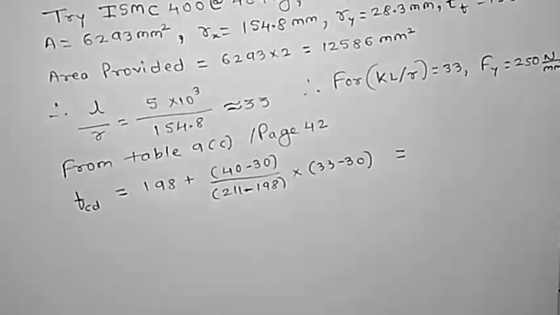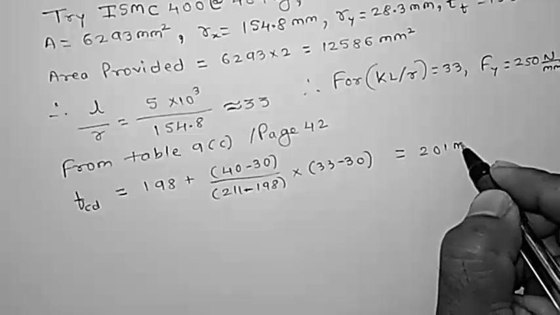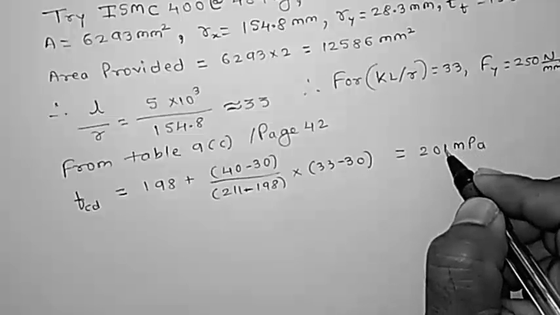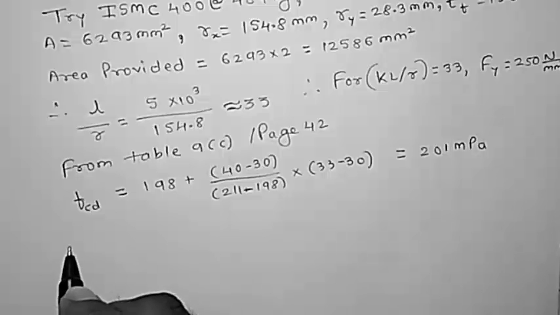So after interpolating, you will get it around 201 MPa. Now once you multiply it by the area, you will get the design compressive strength value.